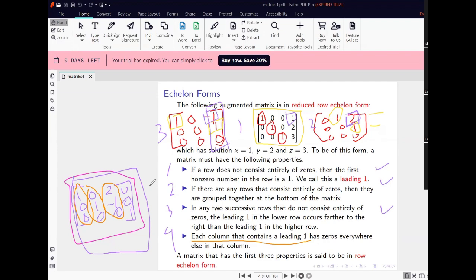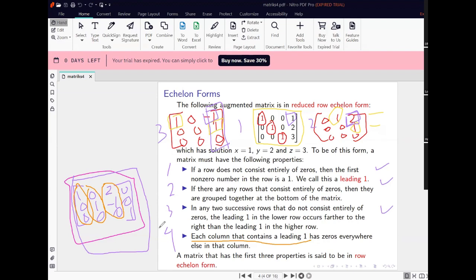So we can conclude, I can explain again, that a matrix that satisfies the first 3 properties is said to be in row echelon form. But a matrix that satisfies all of the properties is called row reduced echelon form.